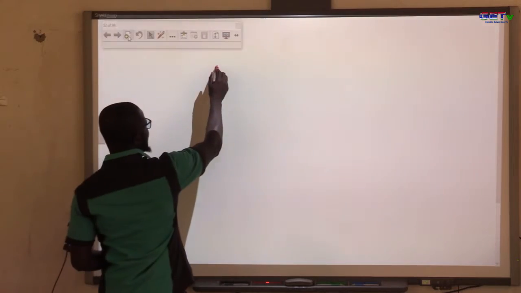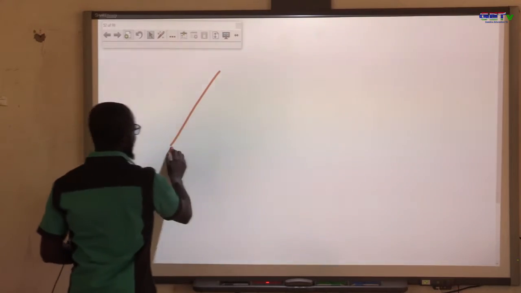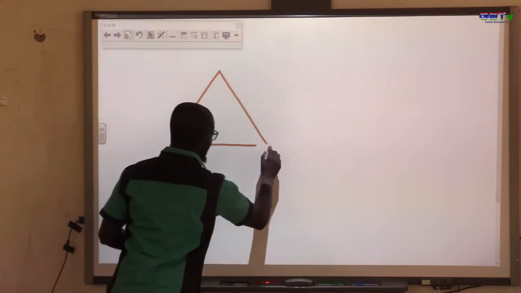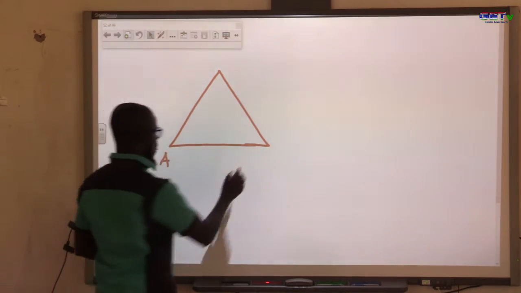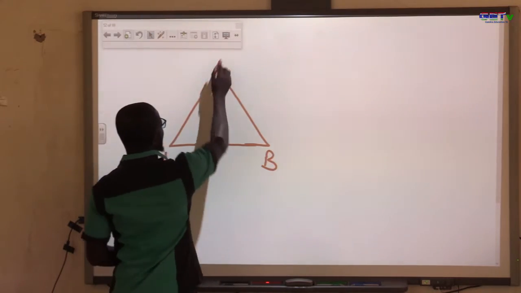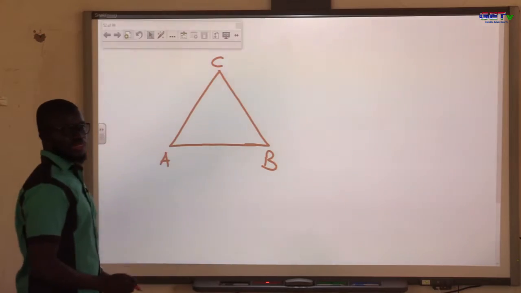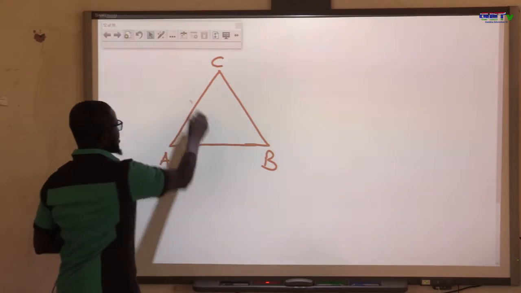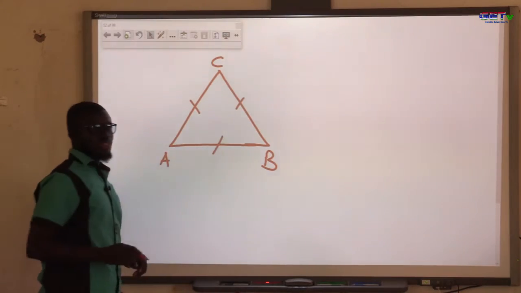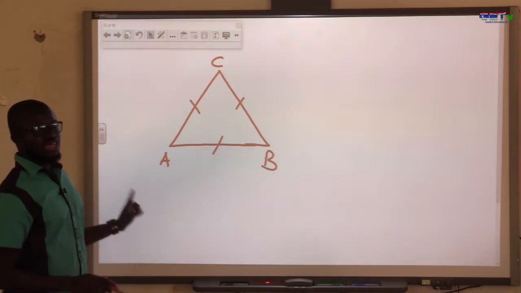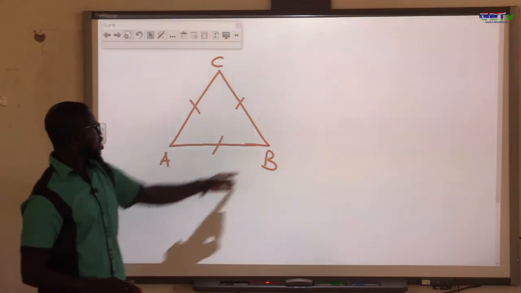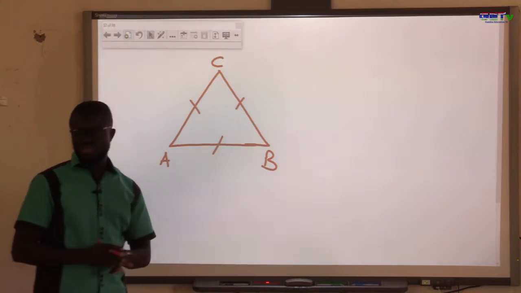The triangle we are going to consider is going to be of this form, where this angle is A, B, C. So since triangle ABC is an equilateral triangle, it means all the sides are equal.